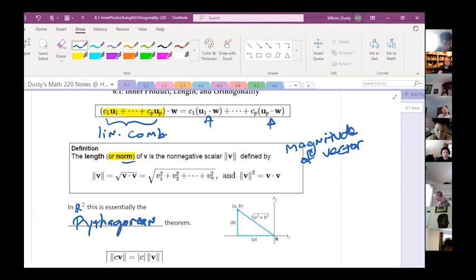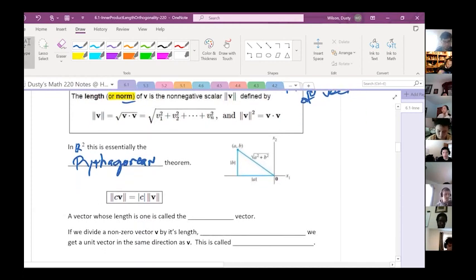So, all right. So basically, this is the Pythagorean theorem, but now it's generalized to n dimensions. A note about the notation: here I have c being a scalar and I have v being a vector.